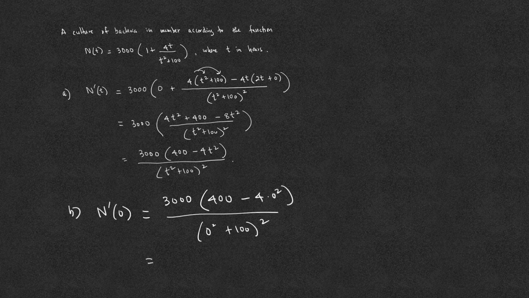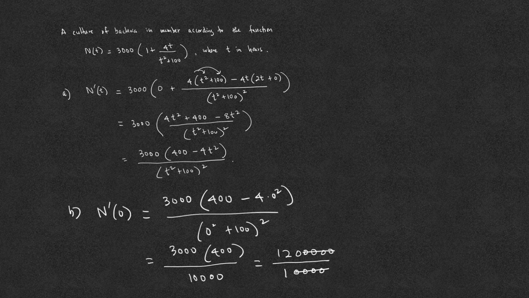And so this is 3000 times 400 over 100 squared, which is 10,000. The numerator of 3 times 4 is 12, with 5 zeros. The denominator is 10,000, 1 with 4 zeros. The 4 zeros cancel out, so we end up with 120.